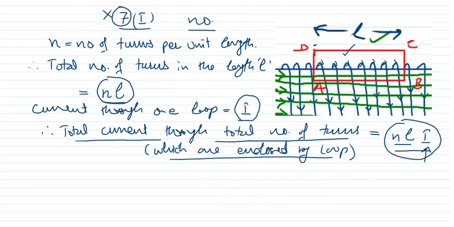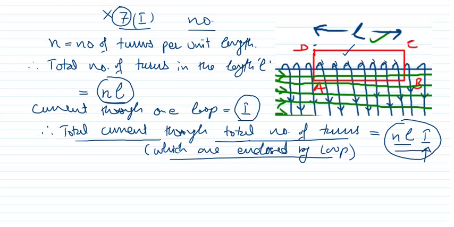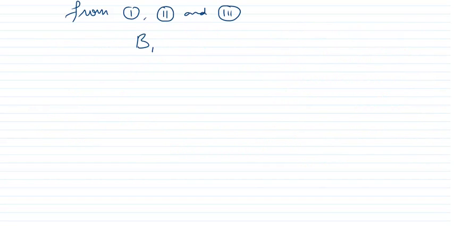Therefore from equations 1, 2 and 3, we get B dot dl, that is B in into L, equal to mu naught into NL into I. This NL into I is the current threading the loop.